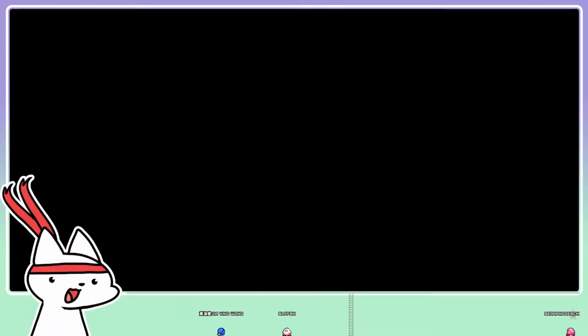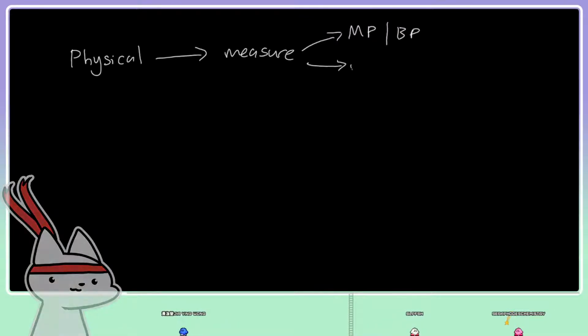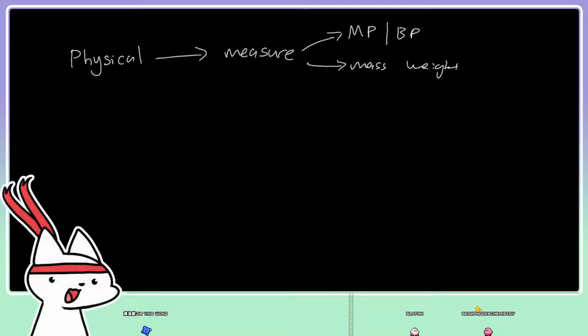Okay, so we have two things. One is called physical properties. Physical properties is anything that we can measure, something like melting point, boiling point, mass, weight, ability to conduct electricity.